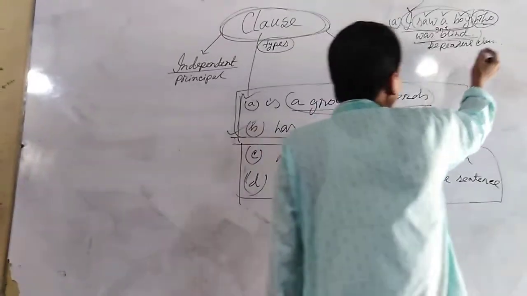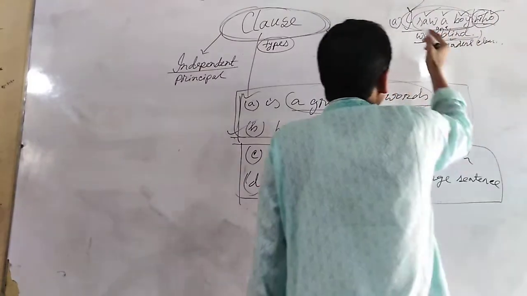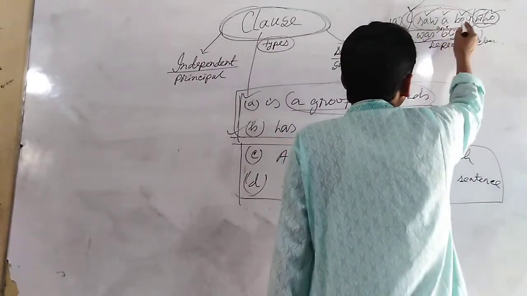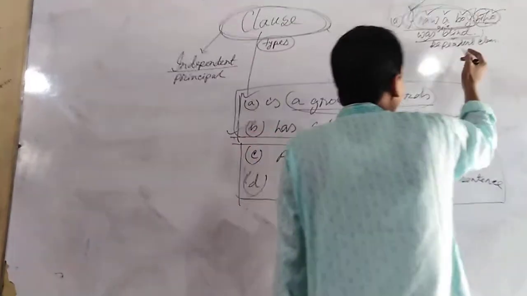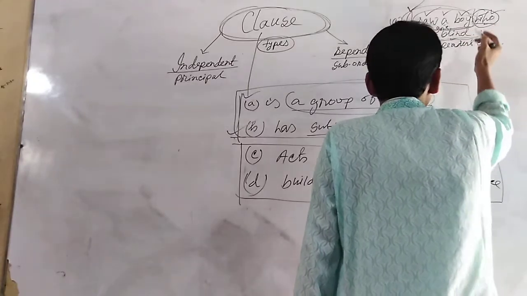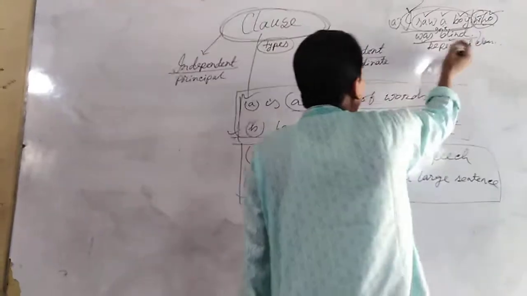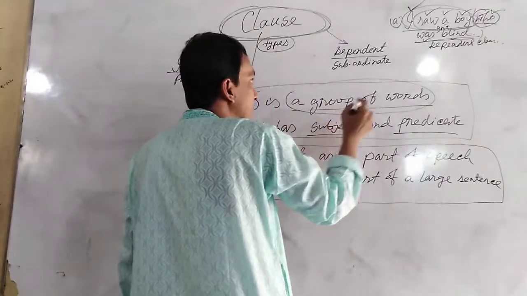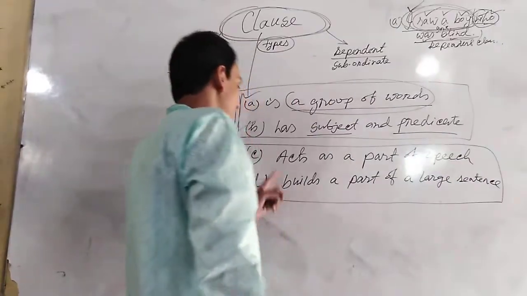At the same time, in dependent clause, who was blind, there are 3 words. That means it has a group of words. Every clause has a group of words.